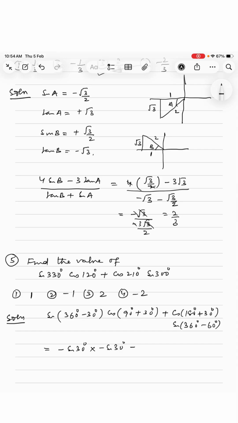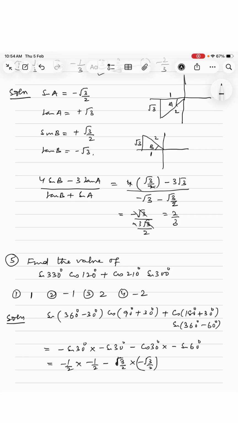Cos 180 plus 30 is minus cos 30, into sine 300, which is minus sine 60. Minus half into minus half, plus minus cos 30 degrees, which is minus root 3 by 2, into minus root 3 by 2.